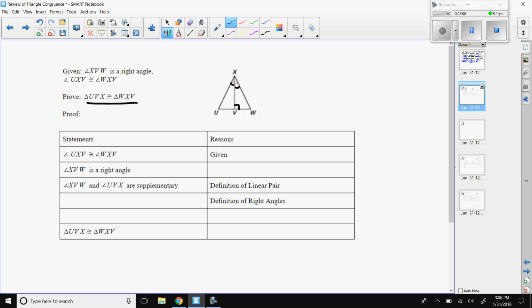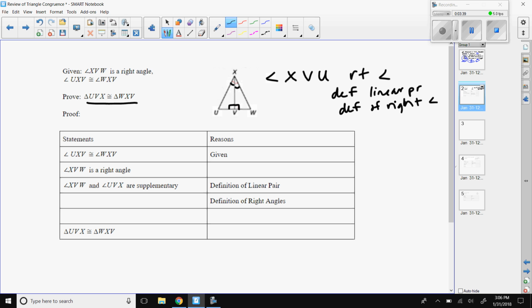Since we have this right angle, we're going to know right away that angle XVU is a right angle as well. That's just by definition, first you can see them being a linear pair, and then the definition of right angles. We're going to be able to prove those two angles congruent.